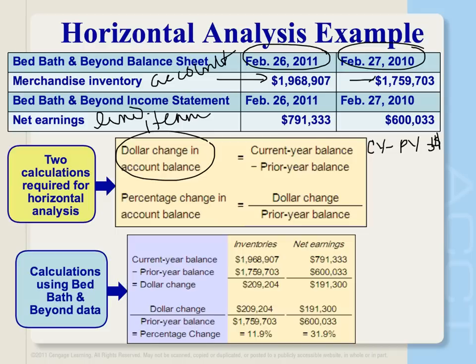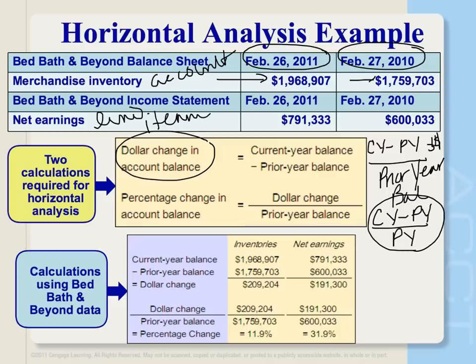Once you come up with that, you then take that divided by the prior year balance. So effectively, it is current year minus previous year divided by the previous year.